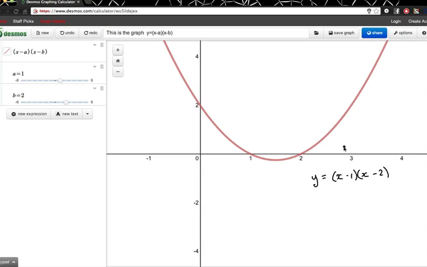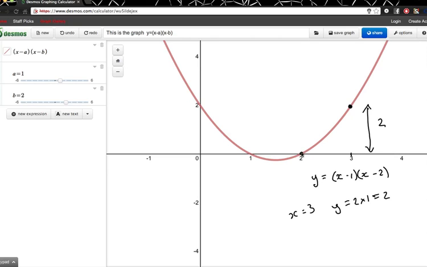And how do we read graphs like this? For instance, if we take x to be 3, then we can calculate a y value. 3 minus 1 is 2, 3 minus 2 is 1, so we get a y value of 2. Now that's represented here by this point. So the height of 2 that appears in this graph will give you the y value for a particular value of x.